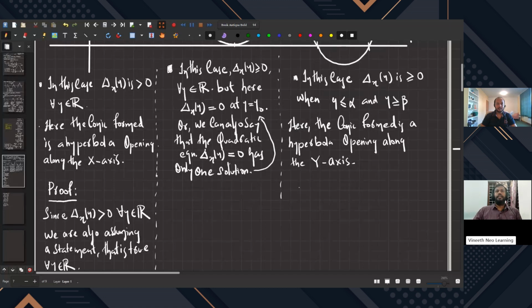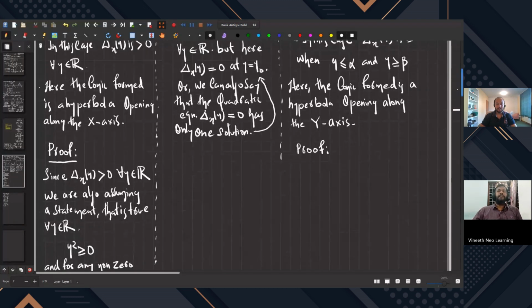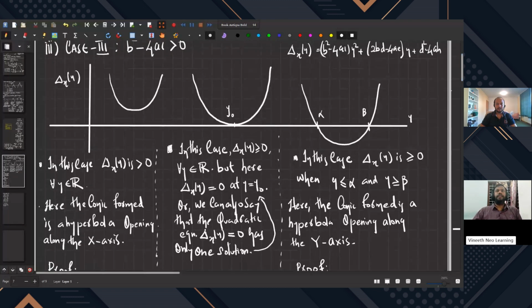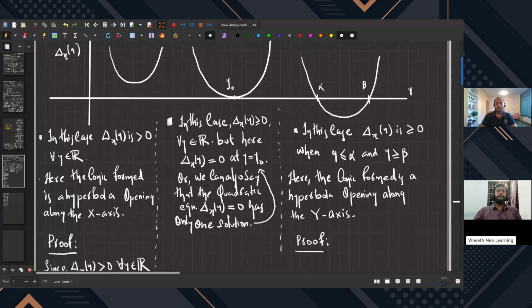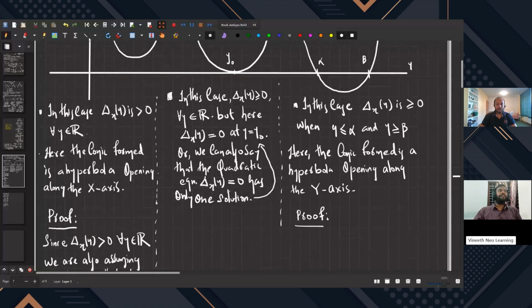All right. Here, the proof is actually similar to the proof for the ellipse. So for what values of y is delta x of y greater than or equal to 0, Joe? For y less than or equal to alpha or y greater than or equal to beta.